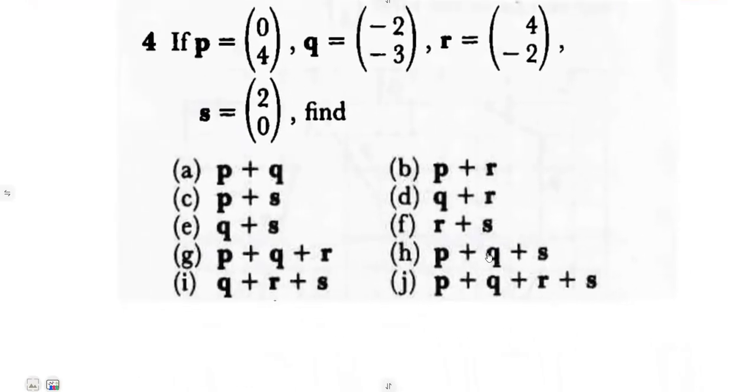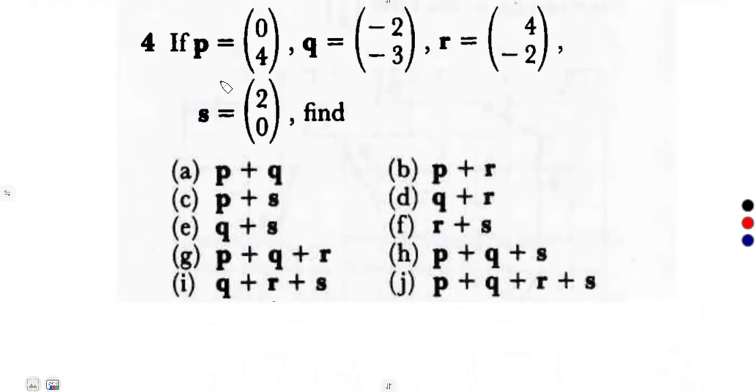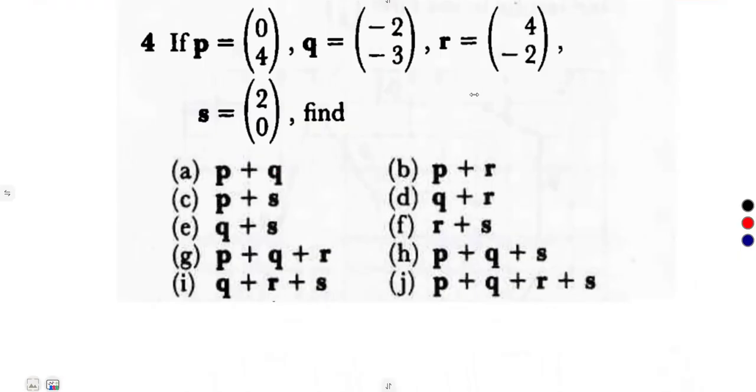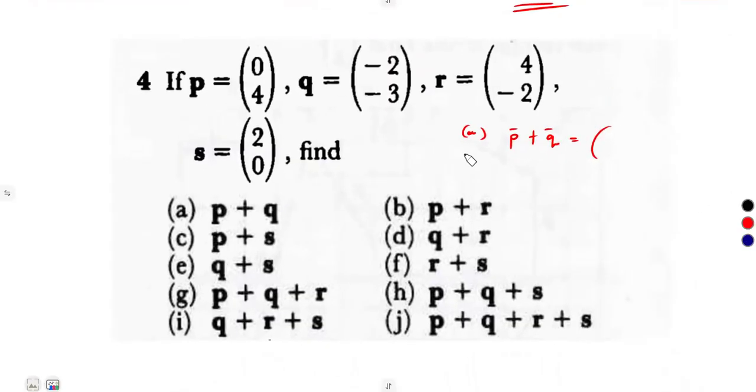Let's say we've got something of this nature. We are given these vectors P, Q, R, S. Then find these vectors. As you can see, they are under addition. So let us just consider one or two of the questions. Vector P plus Q: you take the vector P as it is, as a column vector, (0, 4), plus vector Q, which is (-2, -3).